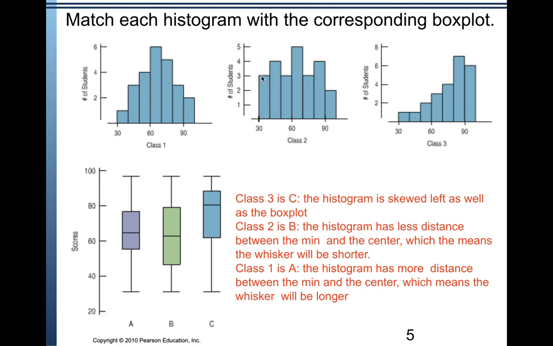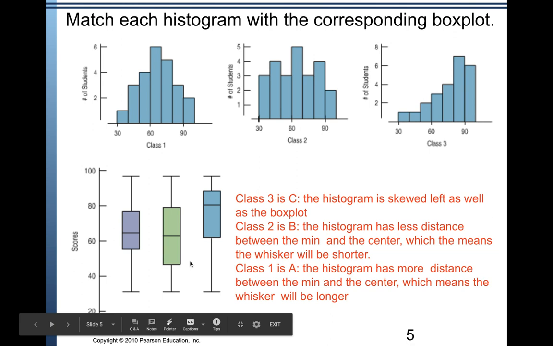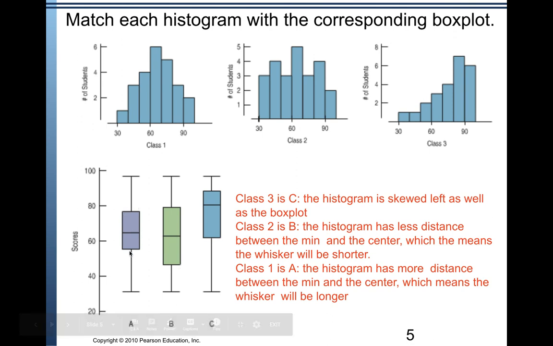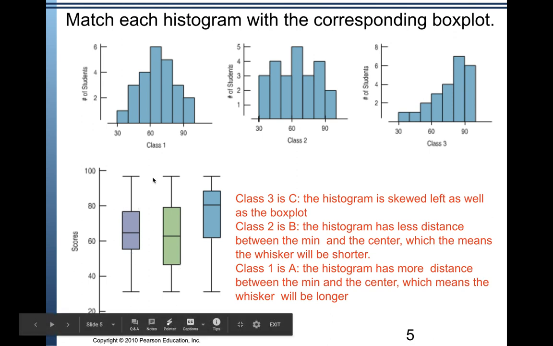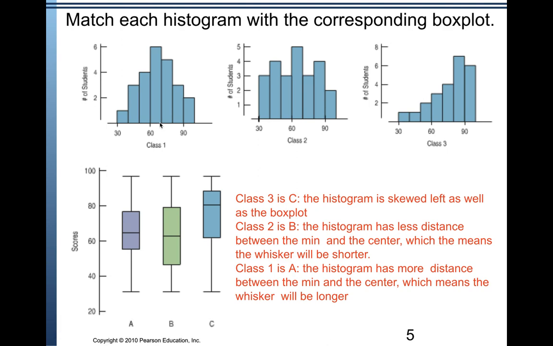In this case, class 2 had the shorter distance between the minimum and the center. So class 2 box plot had the shorter left whisker. In this case, that was B. And then obviously process of elimination leaves you A for class 1, which had the longer left whisker.